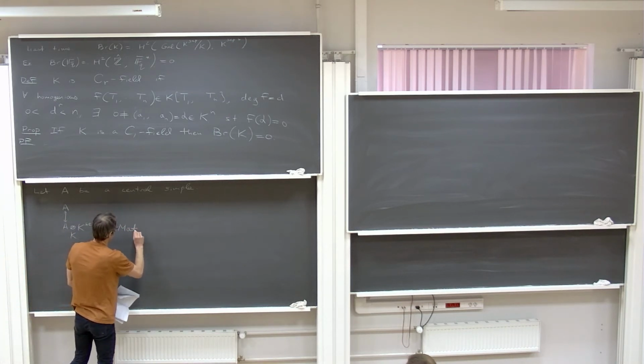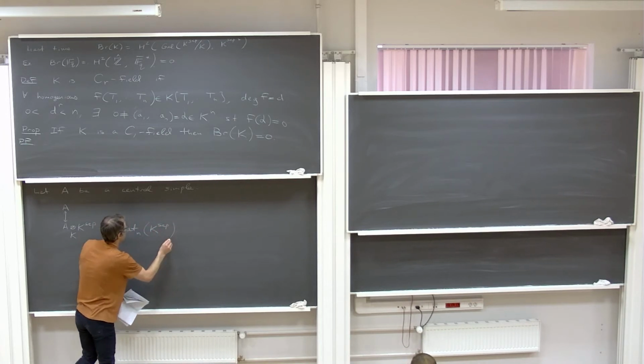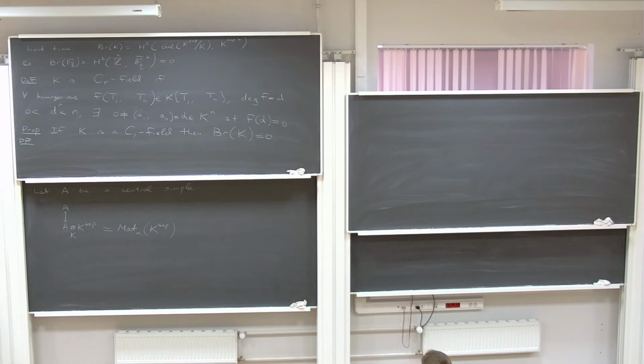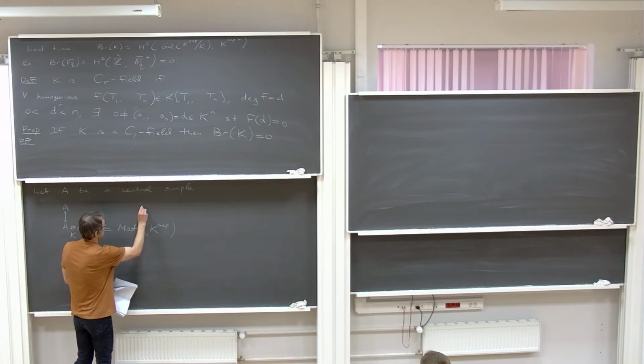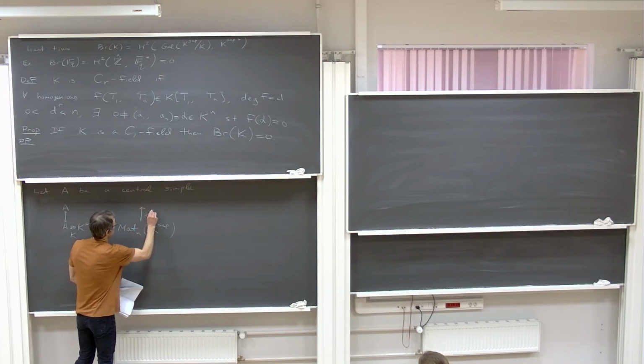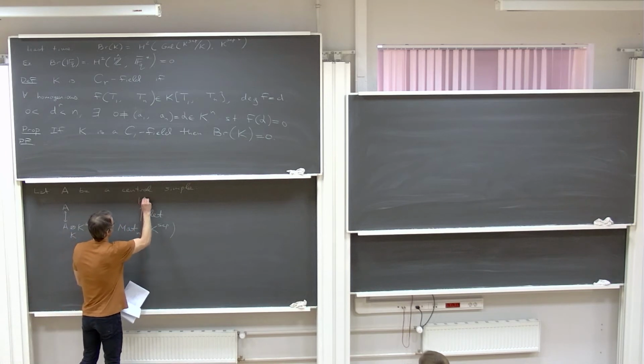It's always split. And so let's consider the determinant map from this algebra to K sep.